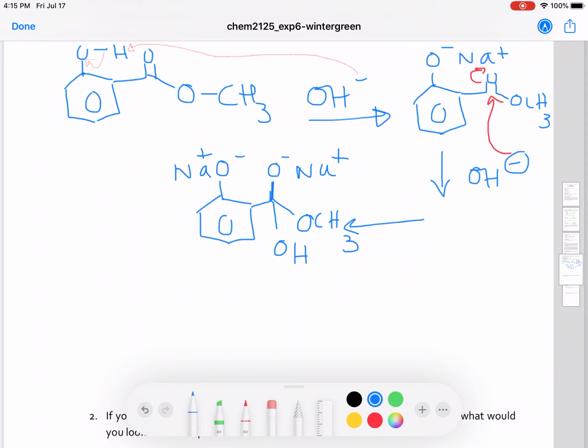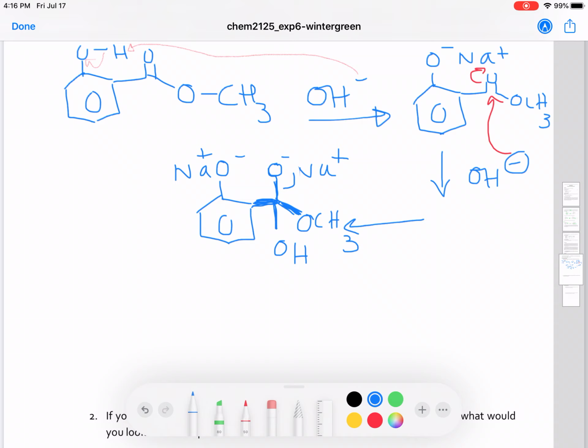And then what should be the next step? Next, what we are going to do here is hydrolyze the ester. This is just a single bond over here, don't get confused. What's going to happen next is the oxygen lone pair is going to form a bond. These are all single bonds, 4 single bonds, and this is oxygen.